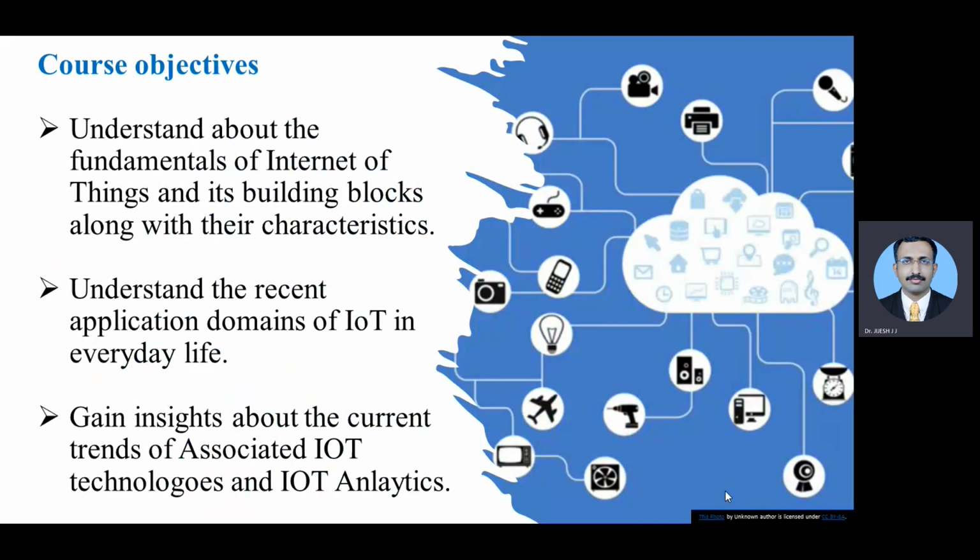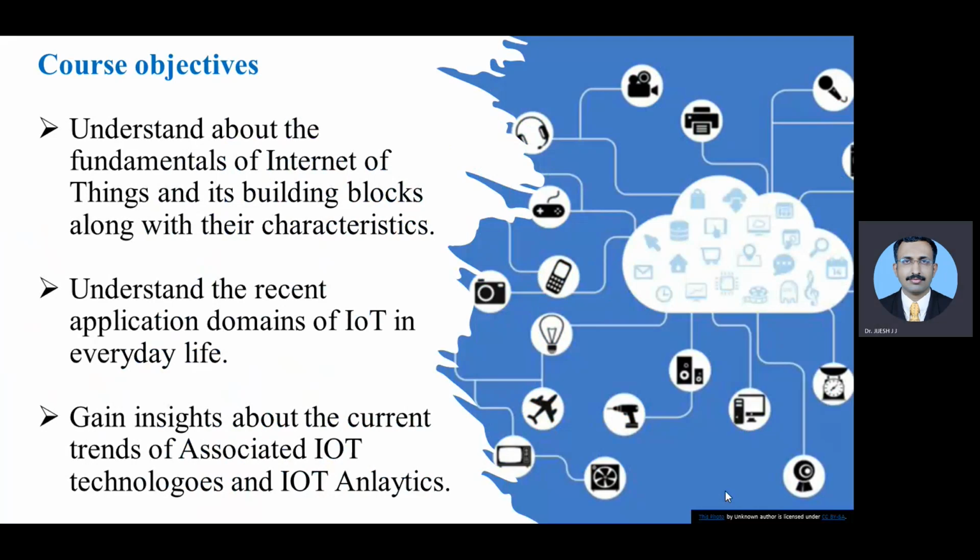What are the different layers associated with it? What is the application layer? All those things we will be studying. How the mode of operation has to be. Everything we will be studying here. So the first one is to understand the fundamentals of Internet of Things, its building blocks as well as its characteristics.